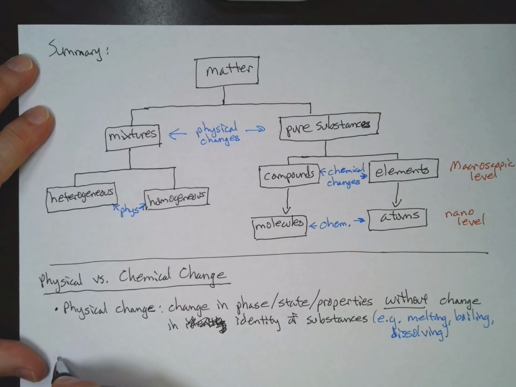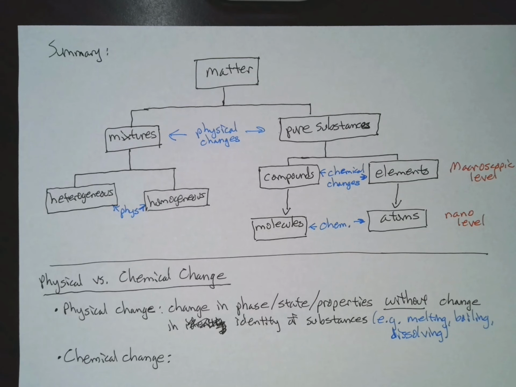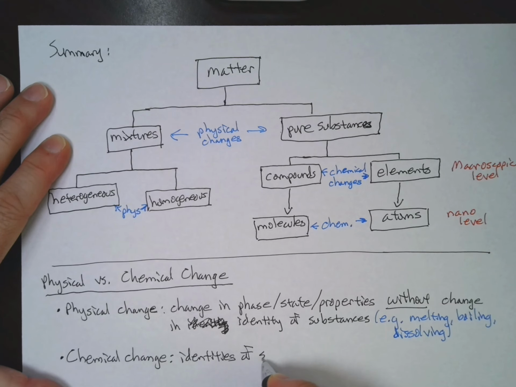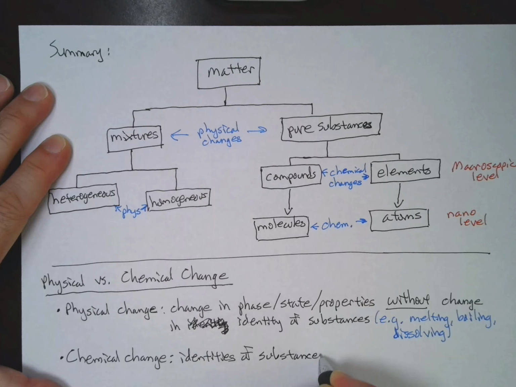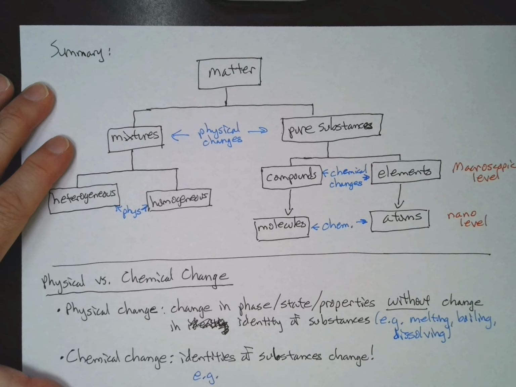Chemical change, on the other hand, is one where we do see a change in the identity of the substances. And examples of these could include combustion.